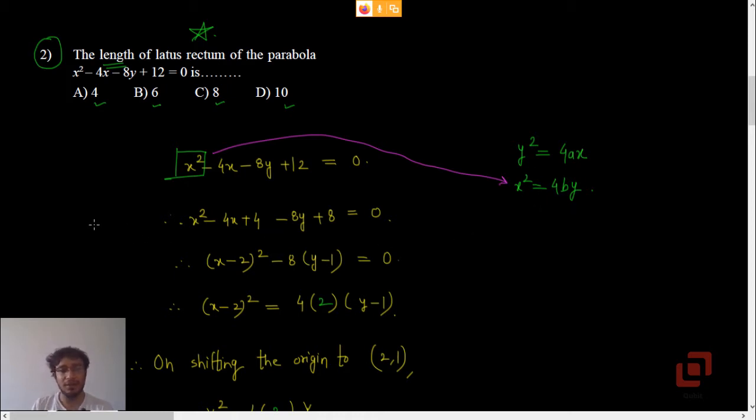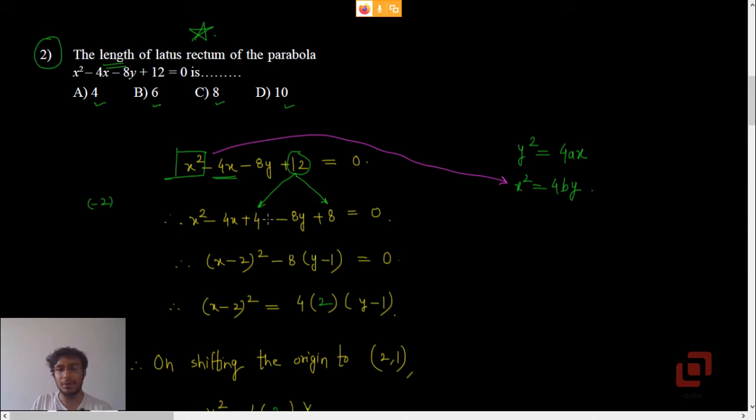So this is where we decide to complete the square. Okay, and the way we do it is we go to the coefficient of x, we divide it by 2, we get minus 2, and then we add and subtract the square of that. But in this case, there is no need to do that. We already have 12 here. So split 12 into 4 and 8.